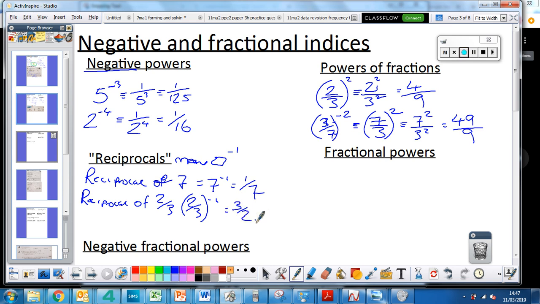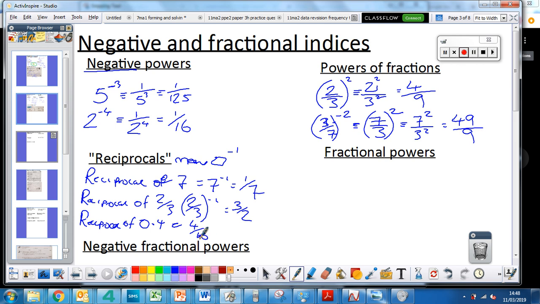Sometimes they could be really sneaky and give you a decimal. So they give you the reciprocal of 0.4. So what are we going to do? We can't flip that. So we could look at 0.4 as a fraction. Isn't that 4 over 10?